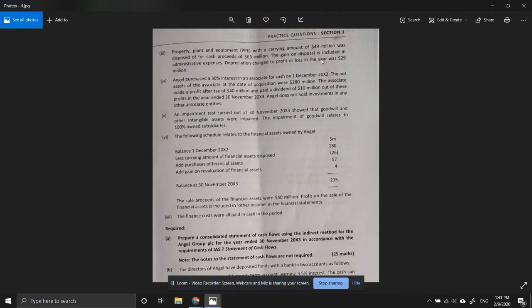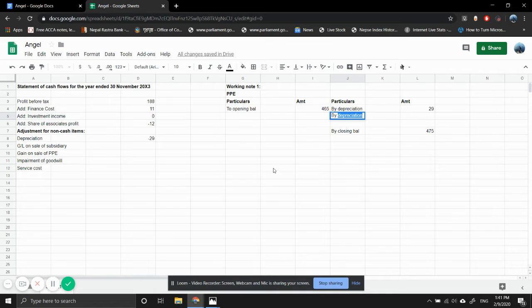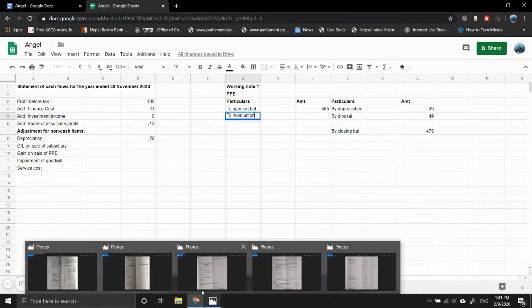And then again, by disposal was how much? What was the carrying amount? 49, right? 49 million worth. Disposal 49. Okay, that's done. There was a revaluation as well, right? Was there any revaluation?